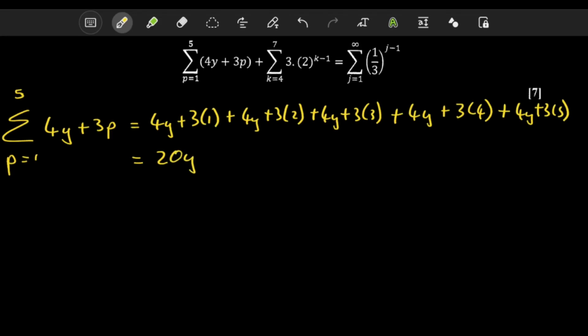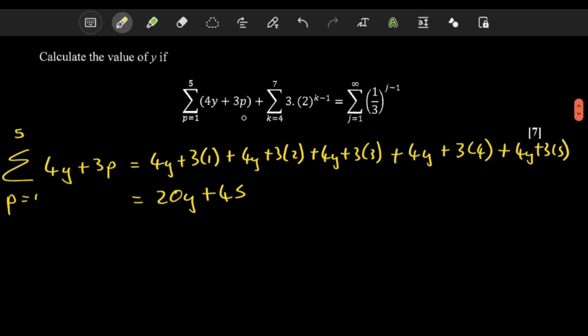And then in your calculator, you can just put in 3 plus 6 plus 9 plus 12 plus 15. That is giving you 20y plus 45. That is what this yellow expression has given you.